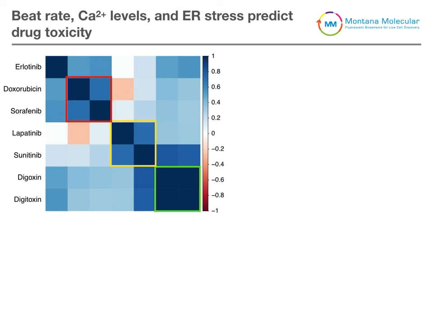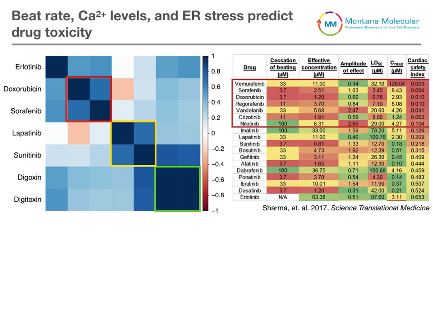And what you can see is we've really identified three different classes of compounds. Here we have the cardiac glycosides clustered together, and then we have two of the different tyrosine kinase inhibitor compounds clustered.